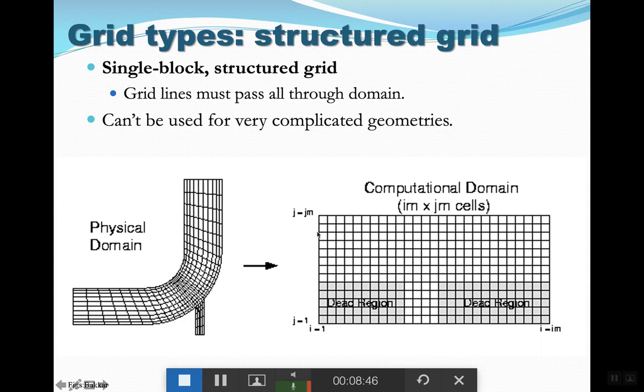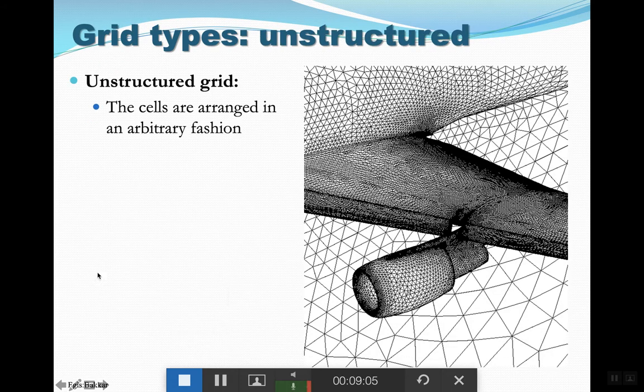So if you look in here, every line starts at one boundary and it continuously goes and ends on the other side. It doesn't need to be a straight line, it just needs to start at one boundary and end on the other boundary. So this is called a structured grid.